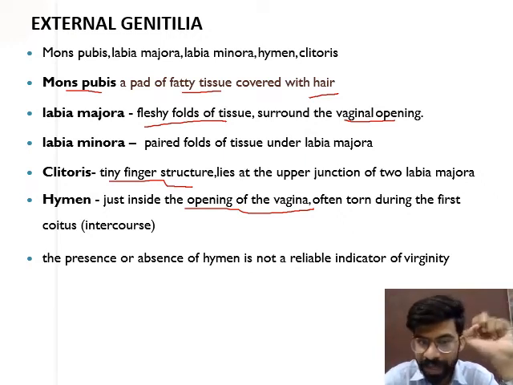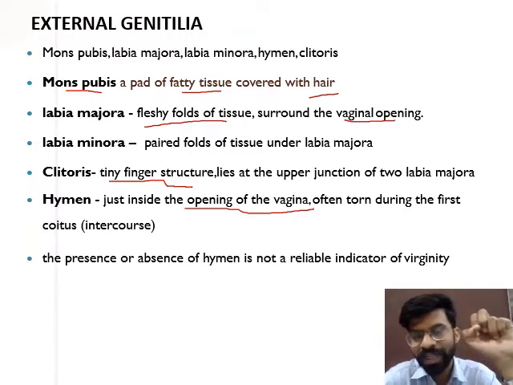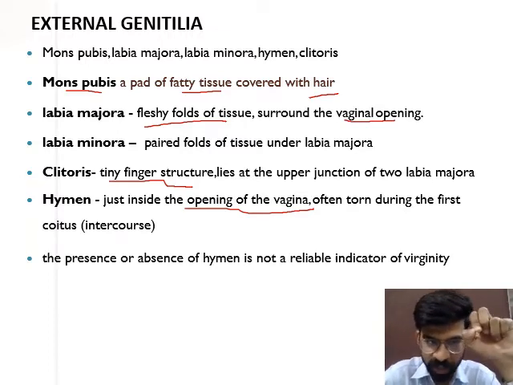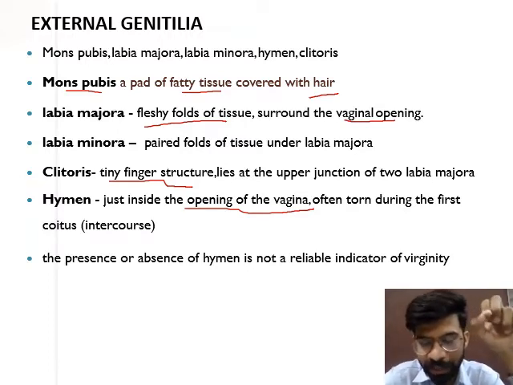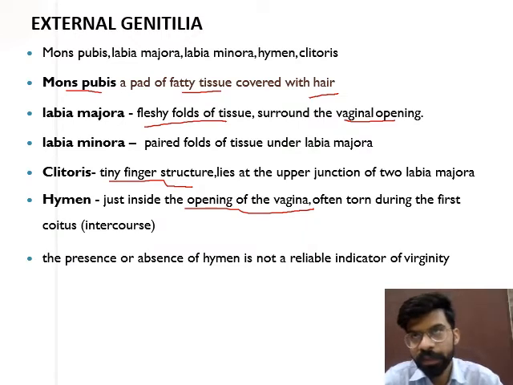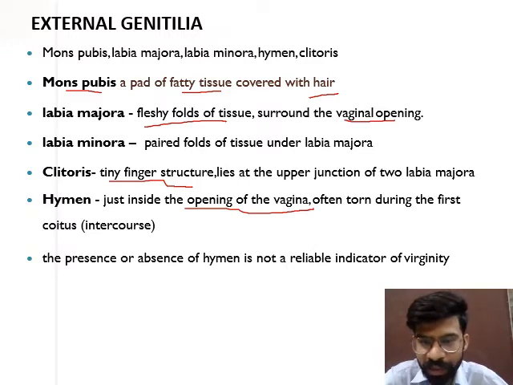Next, the presence or absence of the hymen is not a reliable indicator of virginity. Sometimes the hymen is accidentally torn during physical exercise, cycling, or swimming. So the hymen is not a confirmatory indicator of the virginity of any female.